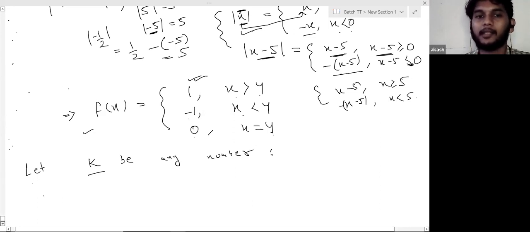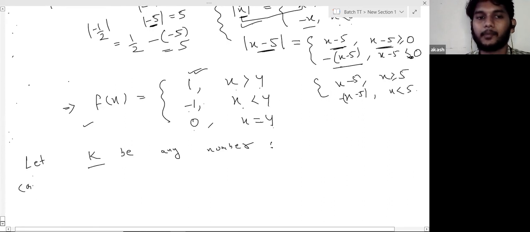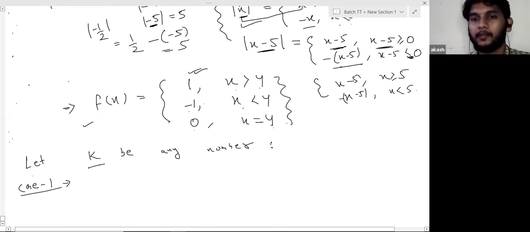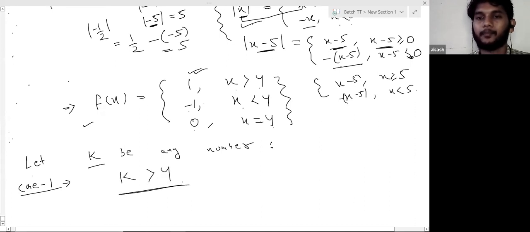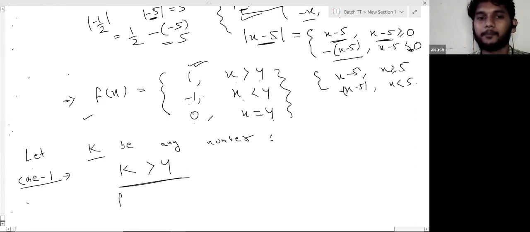So how to divide this into cases? Case 1. We have to divide k according to this definition. First case, k is more than 4. So if k is more than 4, then what will be f of k?